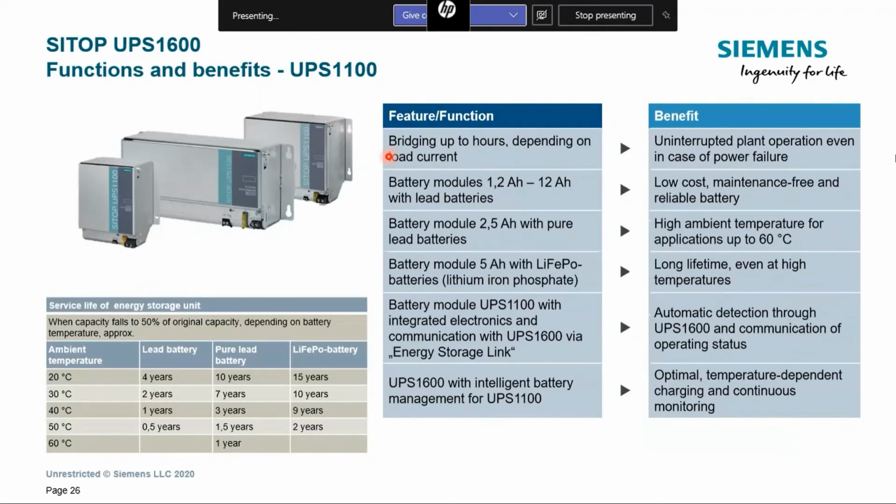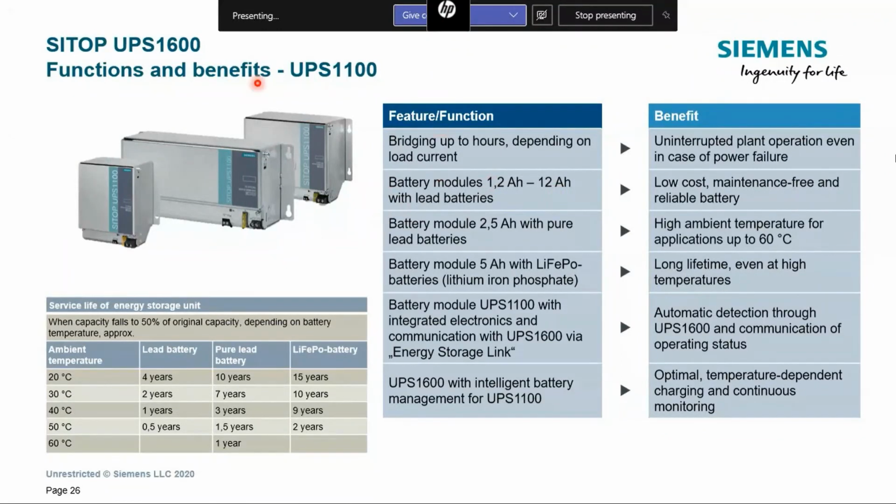With regard to the batteries, we have lead acid batteries from 1.2 up to 12 ampere hour of capacity, and we actually have the steps inside. So we have 1.2, we have 3, we have 2.5, we have 5 ampere hour, we have 7, we have 12.